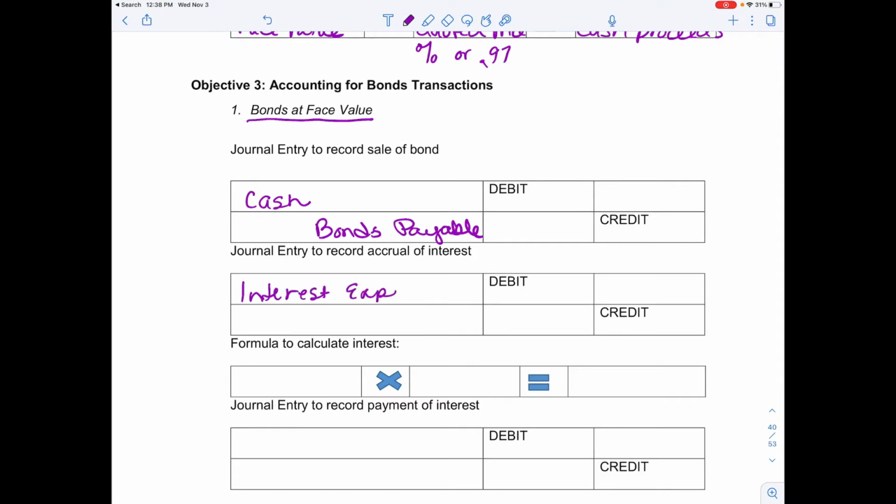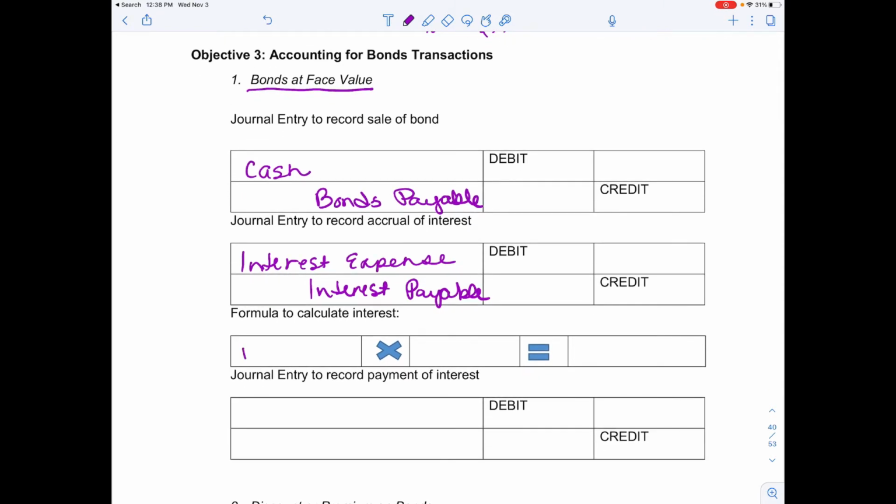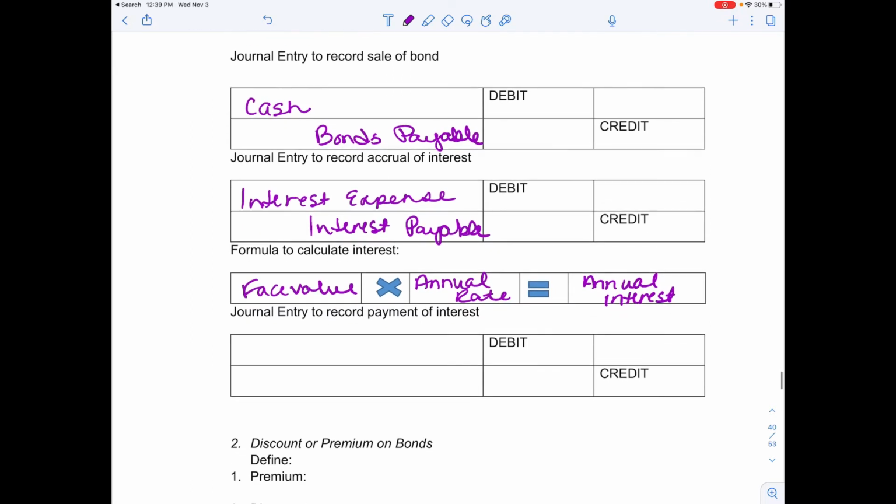So we debit our interest expense, credit that interest payable, and then again, to calculate the interest, we're taking that face value or the principal of the bond, times it by that annual rate, and that's going to give us our annual interest. So very similar to your notes payable journal entries, but you remember those bonds payable sold on the open market with stocks and everything else. So you'll see where these differences come in.